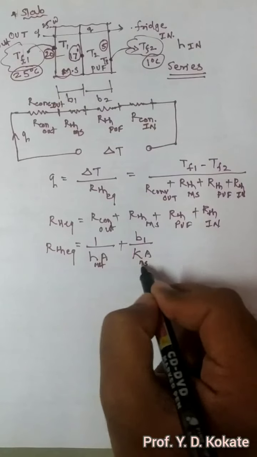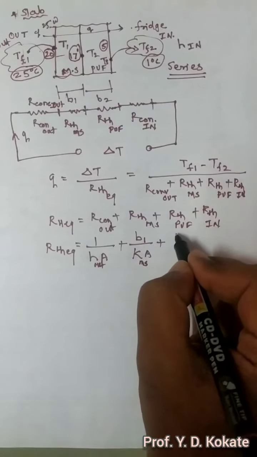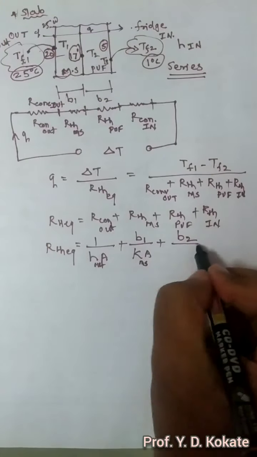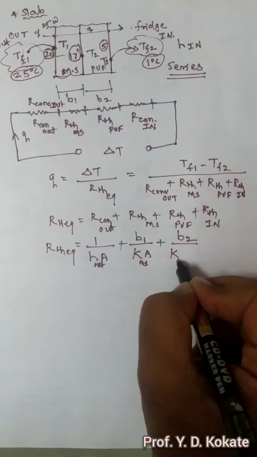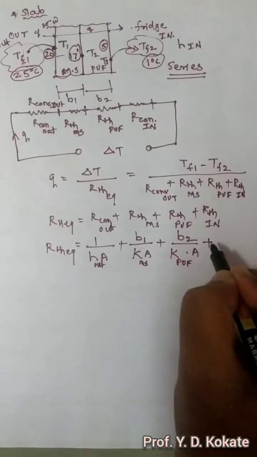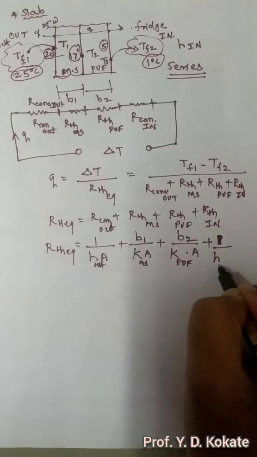So we take the thermal conductivity of the metal sheet, plus the puff material, so it will be B2, because B2 is the thickness, K is the thermal conductivity of the puff material, into area, plus thermal resistance for the inner side, so it will be 1 upon H in, the convective heat transfer coefficient at the inner side, into area.